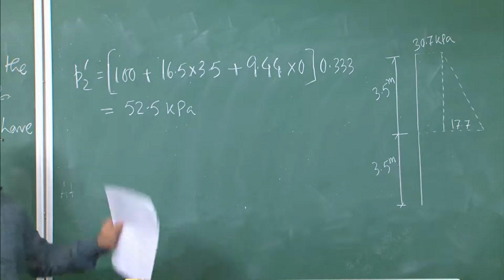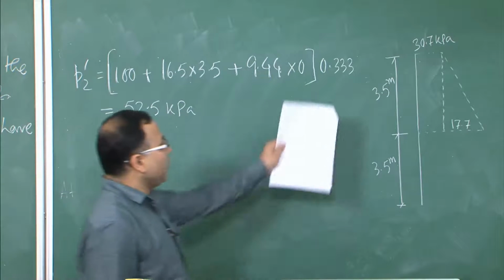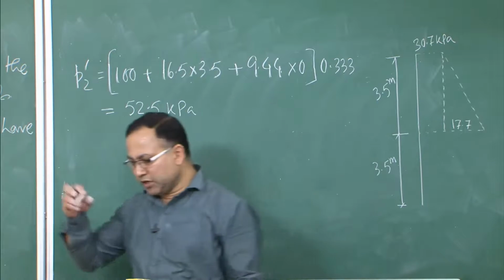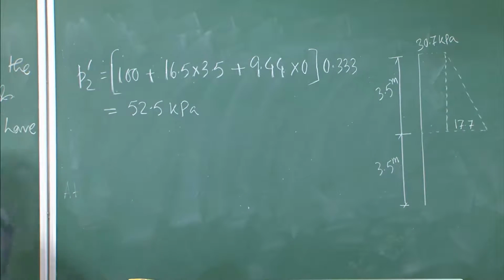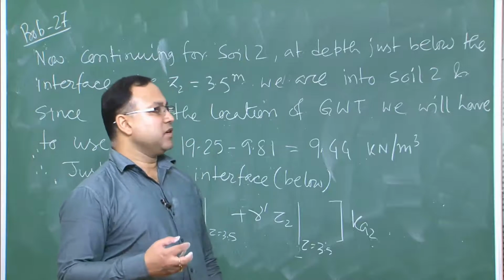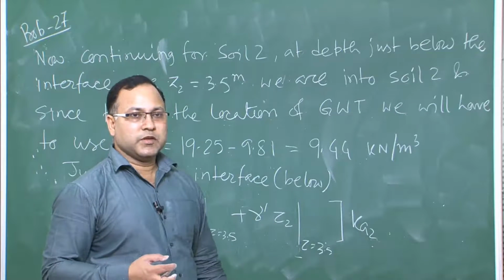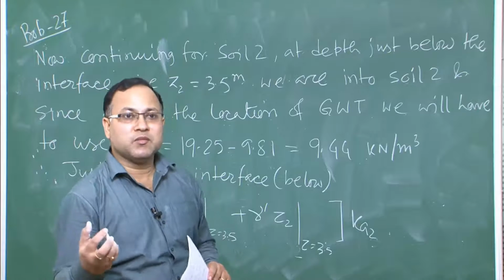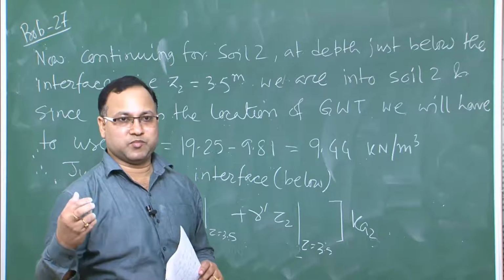Now what does it mean? You have got P2 which is equal to 30.7 plus 17.7, when you considered from top up to the interface. Now you are considering just below the interface and you are getting P2 prime. So you are getting basically a sudden jump in the lateral earth pressure.